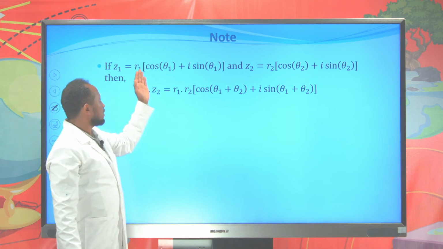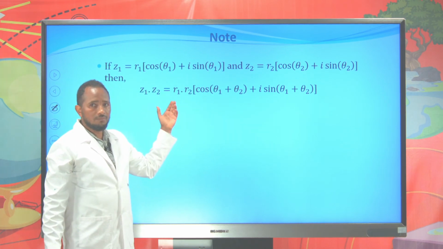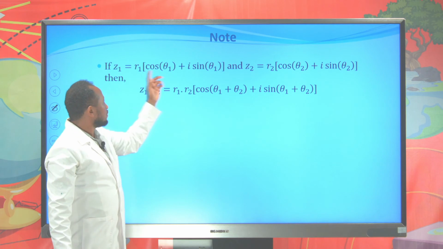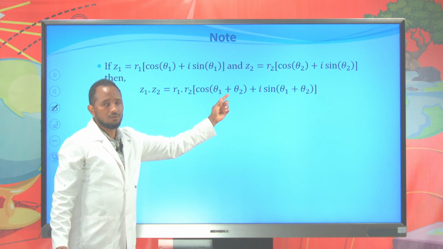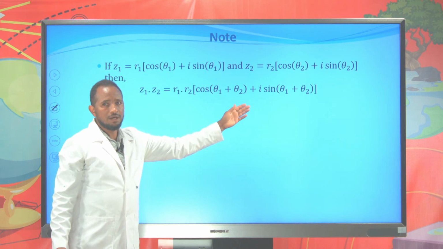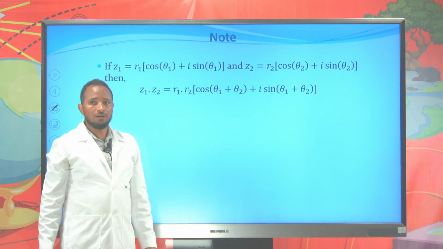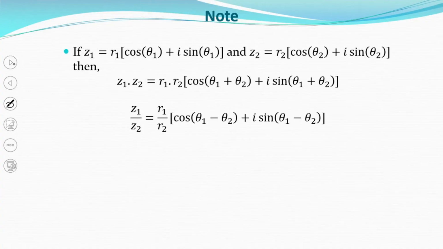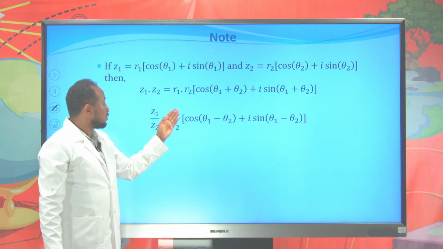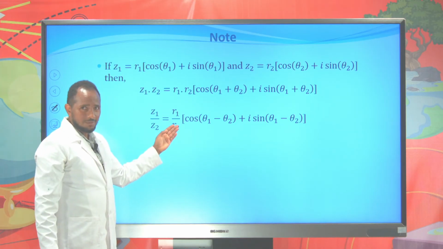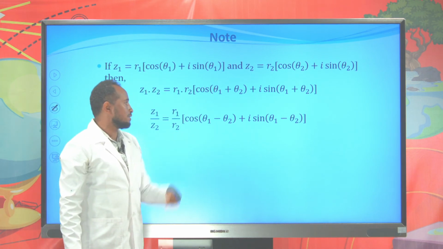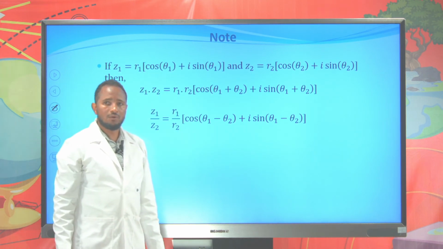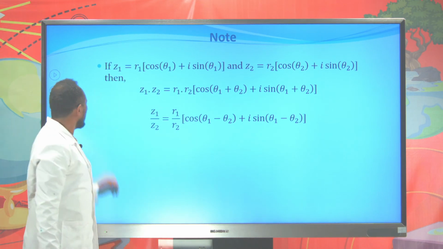First, the product of these two complex numbers in polar form is equal to the product of their moduli times cosine of the sum of their arguments: cosine of theta 1 plus theta 2 plus i sine of theta 1 plus theta 2. And z1 over z2 is equal to the ratio of their moduli times cosine of the difference of their arguments, theta 1 minus theta 2, plus i sine of theta 1 minus theta 2.